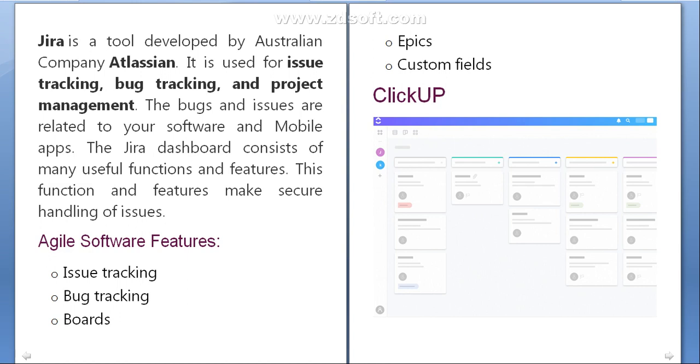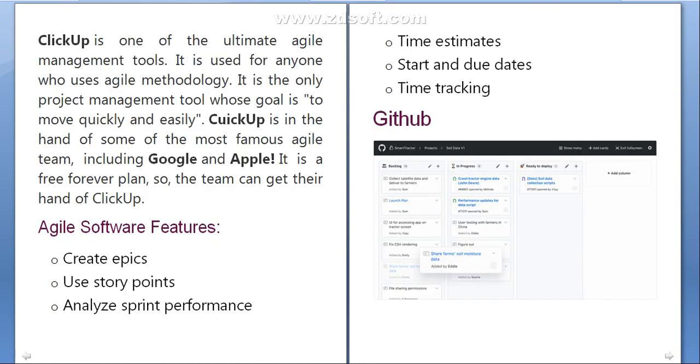That is Jira. Then ClickUp, this is one of the tools available to manage the software when you adopt the agile methodology to develop software. This type of screen is ClickUp. ClickUp is one of the ultimate agile management tools. It is used by anyone who uses the agile methodology.